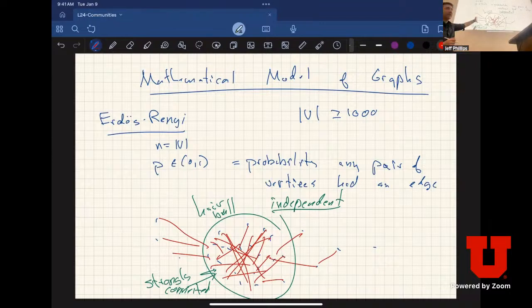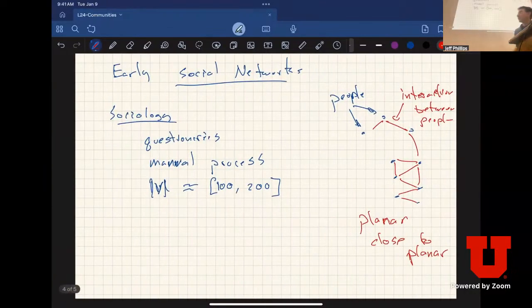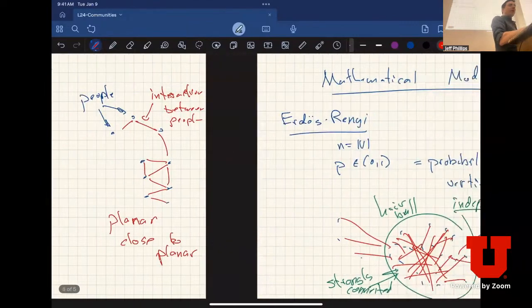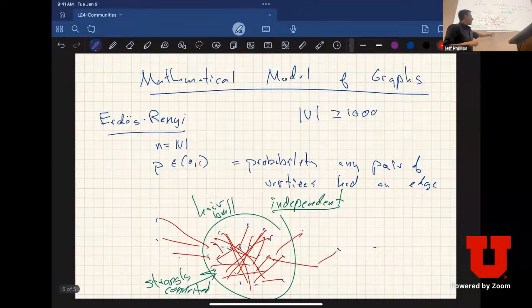And you could study these phenomena. And again, around 2000, there's a rich mathematics around this of large graphs. And so what people knew at the time, before we started collecting these social networks, is either some study of these small graphs on the order of 1 to 200, because it was a big manual process to collect all these surveys and draw these pictures, or it was these random graphs, more or less.